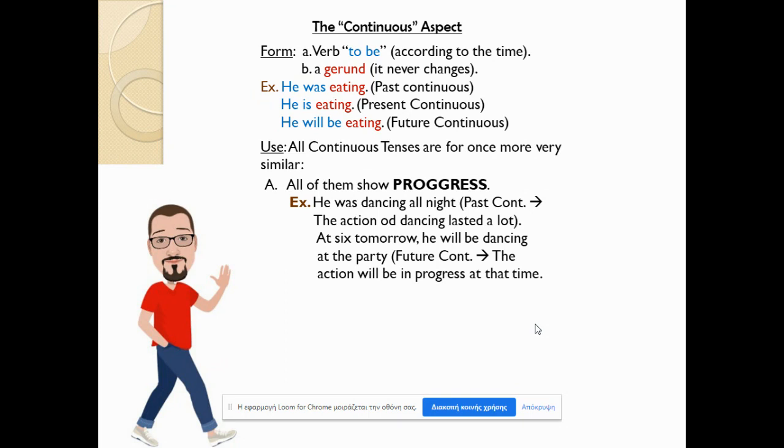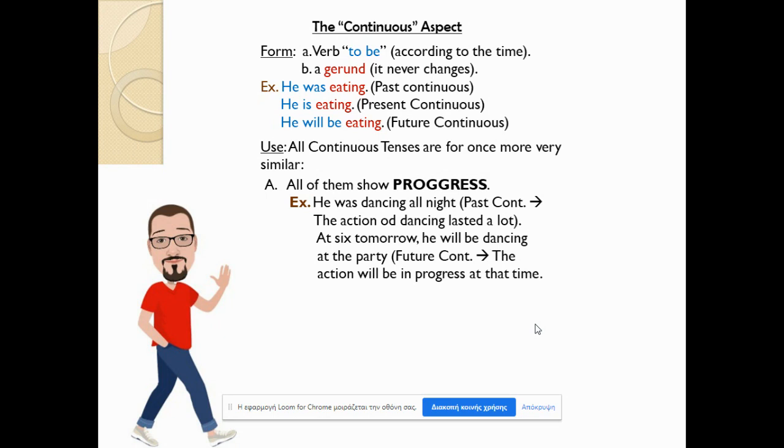So, of course, since we were very young, I remember myself also being taught that I use present continuous to speak about something that's happening now. Okay, this is an oversimplified version of what we mean by saying an action in progress, because if I'm doing something now, this something is in progress, right? So if I'm speaking to you now, my action of speaking to you is in progress.